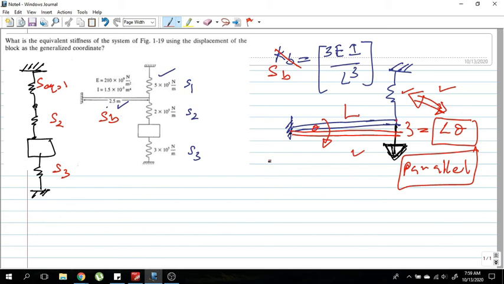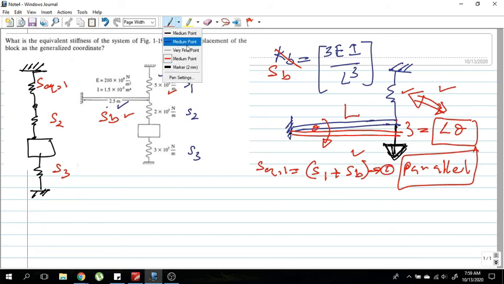Now SEQ1 equals, since these two are in parallel mode, you can simply add the two stiffness values. Now we can further simplify this.